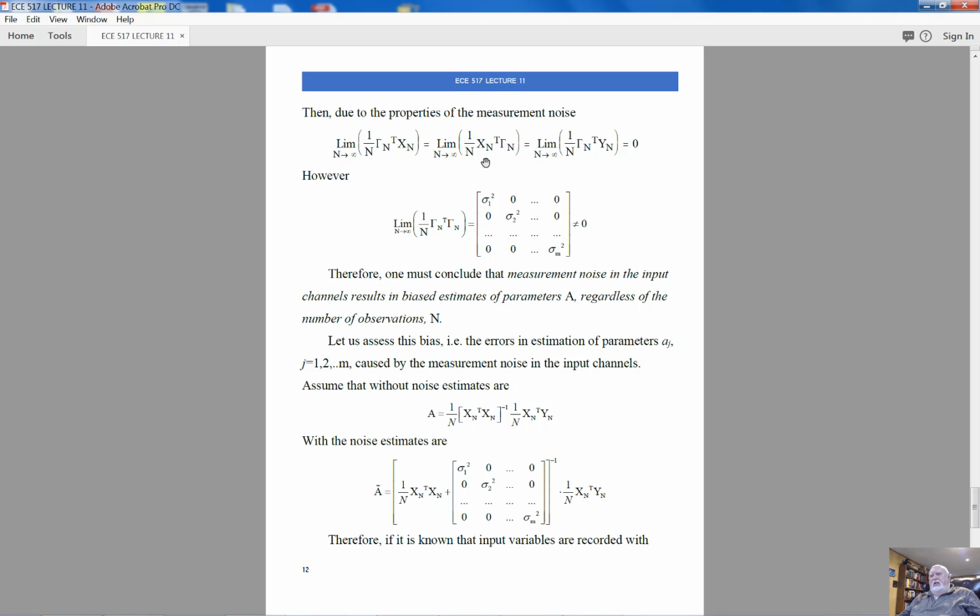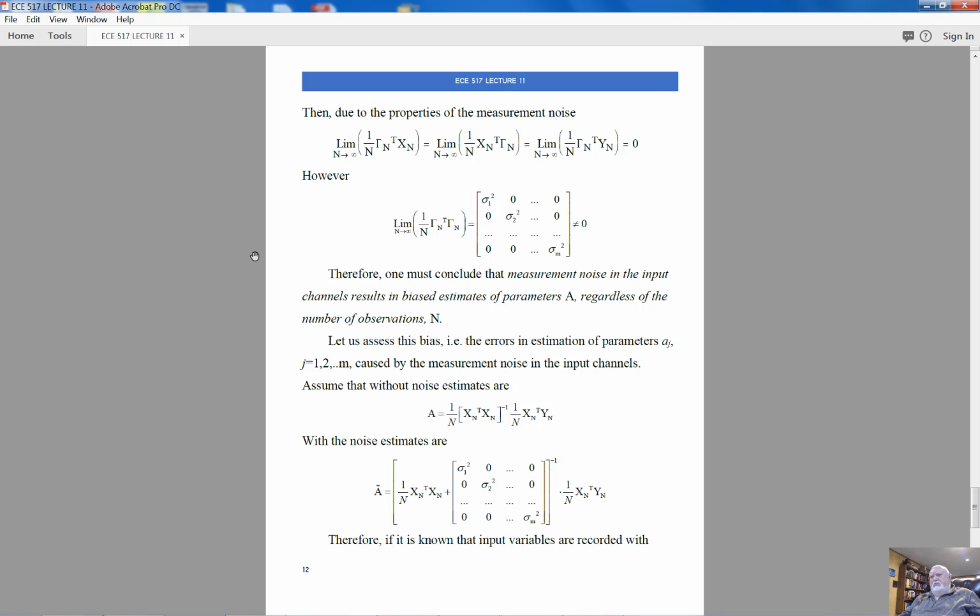No correlation. If I would change the order of this multiplication, I still will have no correlation, and I still will get 0 for this matrix. If I would consider the fact that there is no correlation between input noise and the output, this product will be 0 if n is sufficiently large.